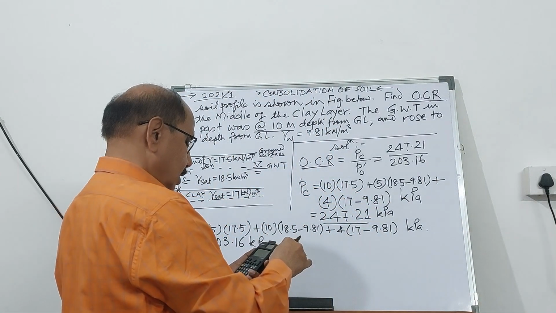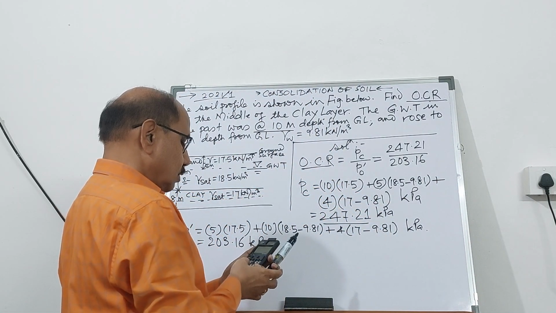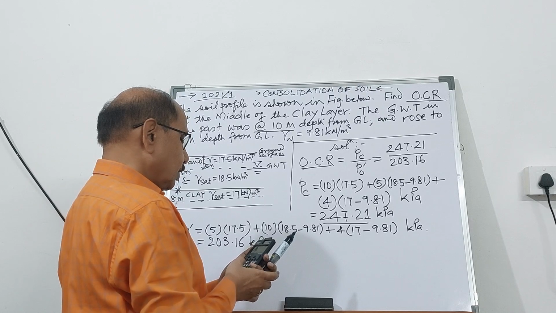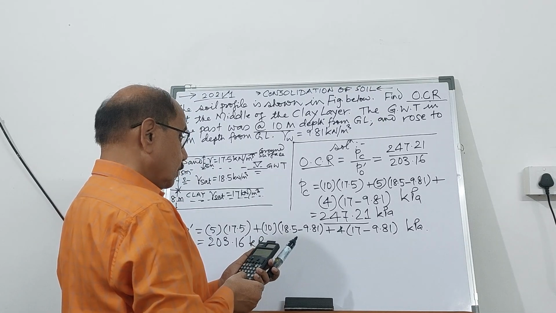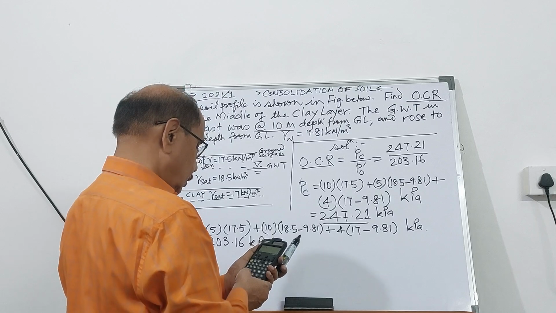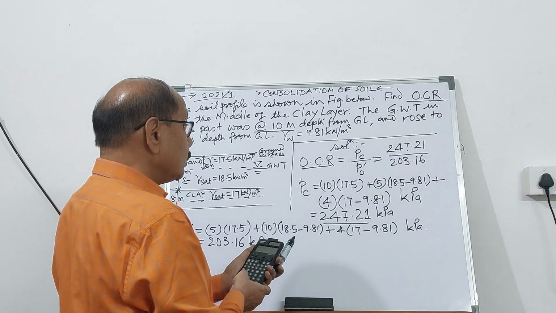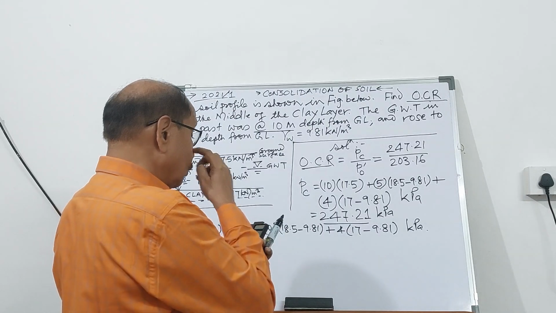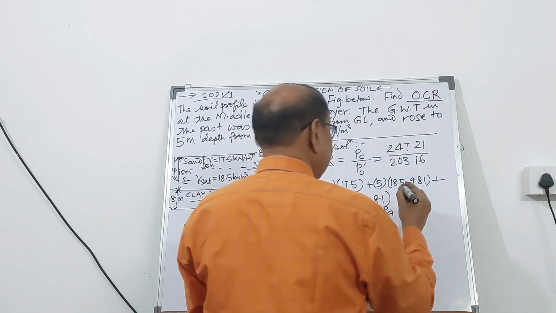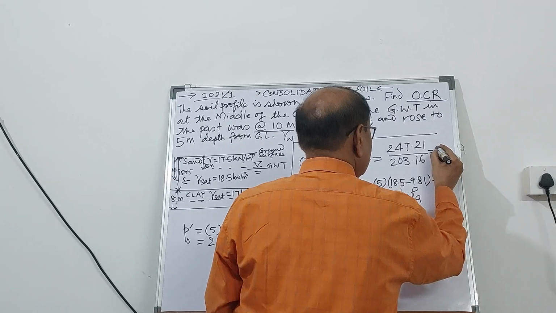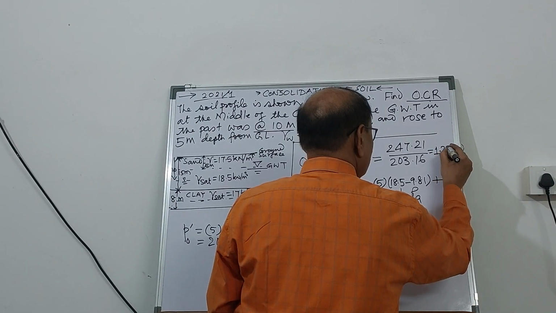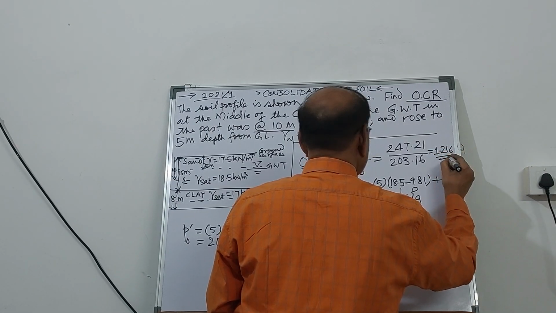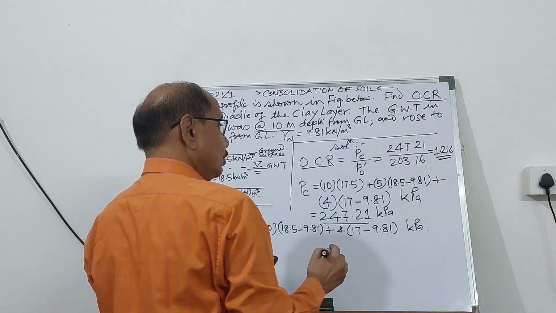So you can find out 1.216. This is the over consolidation ratio.